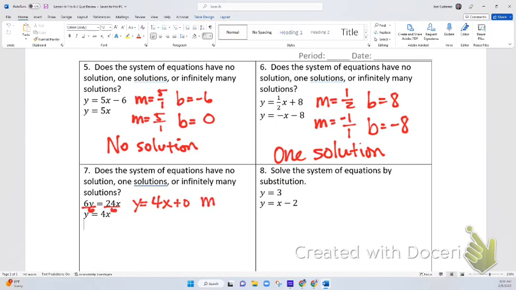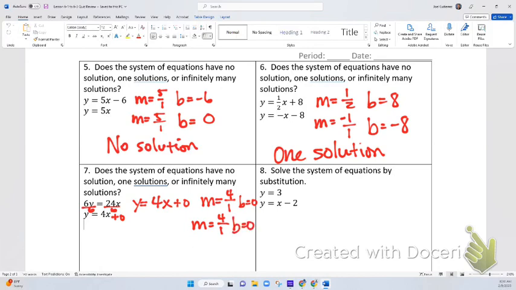So here the m is 4/1. The b is 0. Okay? And then if you notice the bottom one says y equals 4x. Again, you can add a plus 0 to it. So for this one, the m is 4/1. The b is 0.